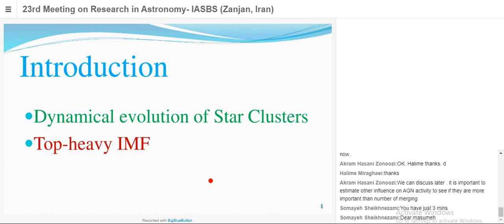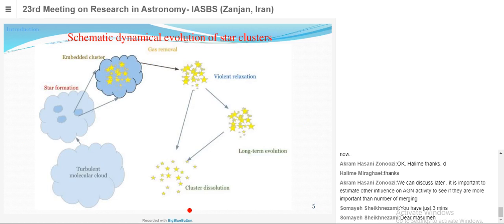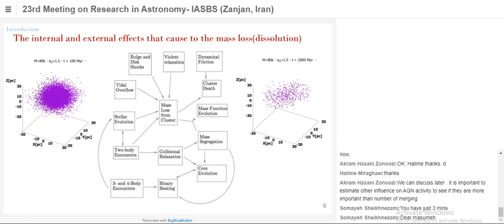I have a very short introduction, just to talk about star clusters and top-heavy IMF. In this schematic figure, I want to describe that star clusters form from giant molecular clouds. Bound embedded star clusters form readily here and survive until the dissolution time despite additional mass loss processes.